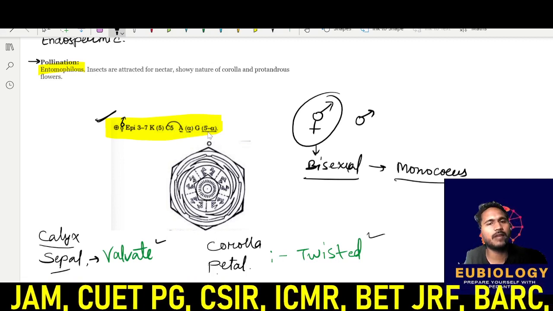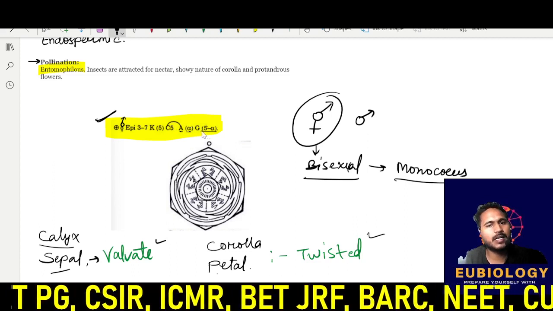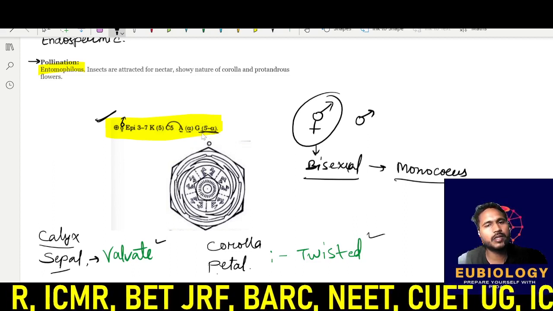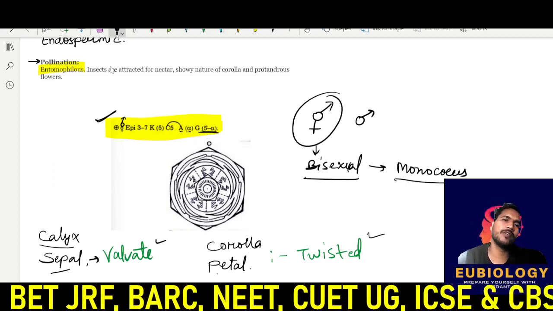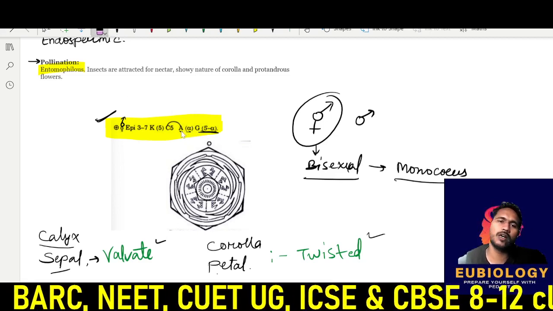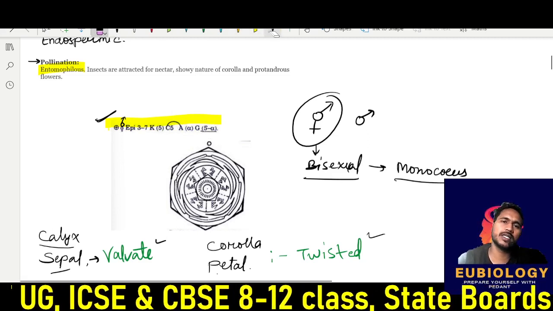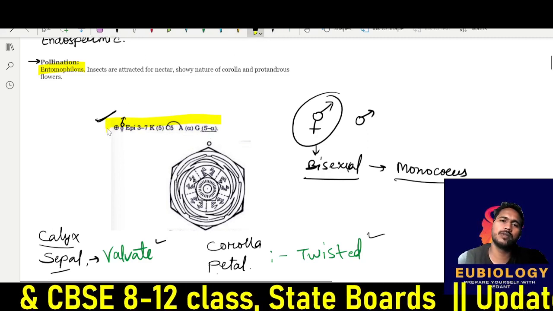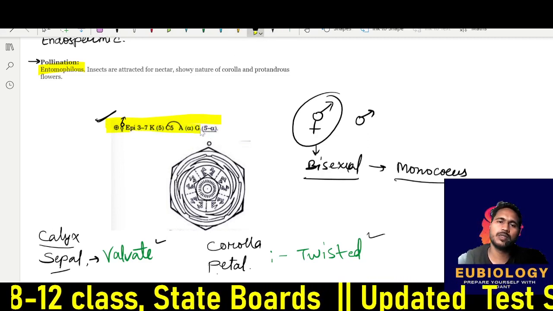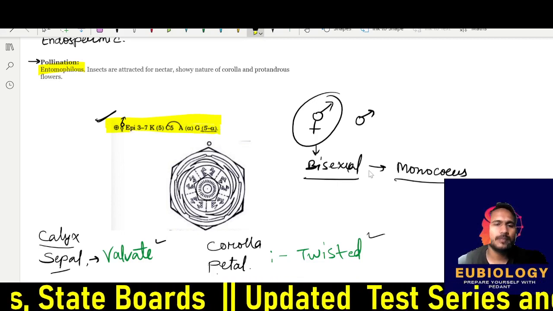The gynoecium can be 5 or infinite. The underline represents that the gynoecium will be superior, with G above the line. I hope you understood these things, and it is very important to remember all these formulas.